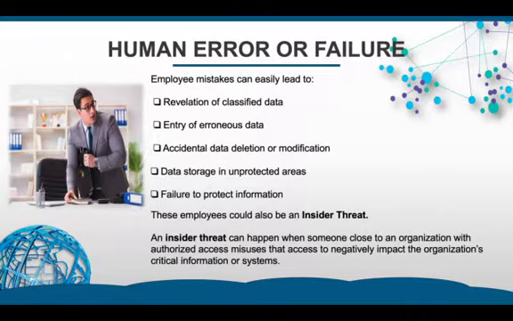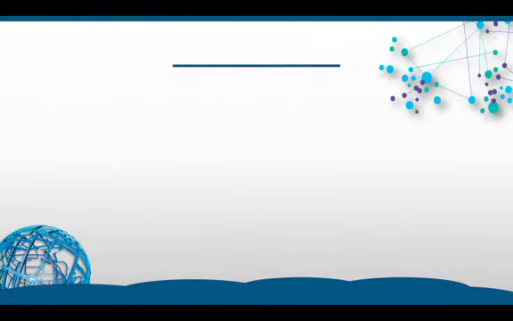He revealed classified information to the media about data collection happening at the NSA. The government was collecting data, taking control over people's data, and tracking people. Okay, so the insider action, just like I said, can happen when someone close to an organization with authorized access misuses that access to negatively impact the organization's critical information or systems.